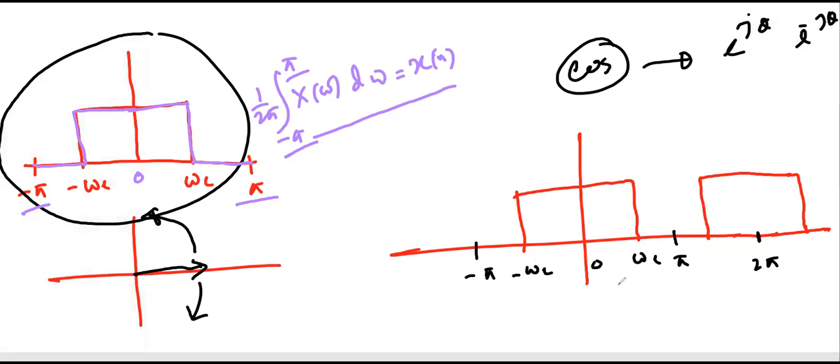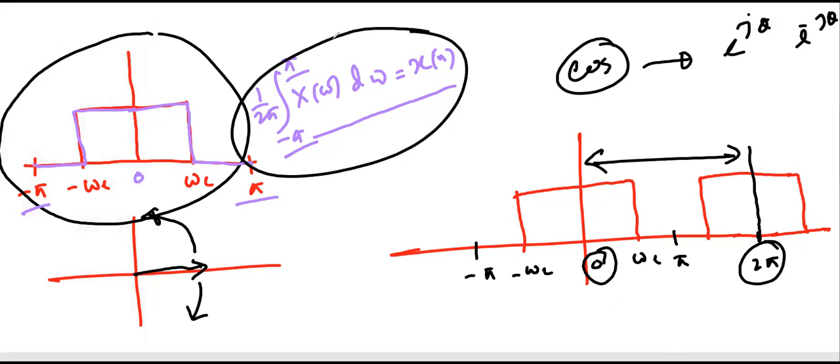Now you can take the samples or the integration from 0 to twice pi for this area, and that is equivalent to that one. They are the same. By not considering the negative part, we can consider the positive part as well, from 0 to twice pi, which is equivalent to considering the part from minus pi to plus pi. That is why it is justified that we can take the spectrum from 0 to twice pi. There is no problem.